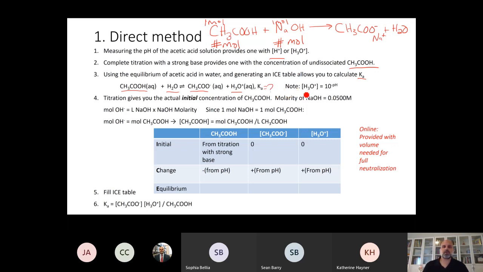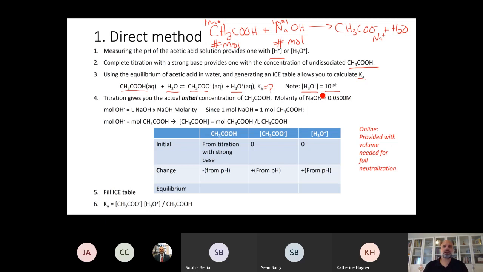And you can see in this reaction, when we first measure that pH up in step 1, the pH is going to be able to give us the concentration of protons that are in solution, right? Because the concentration of protons is equal to 10 to the minus pH, because pH is just minus log of the proton concentration.